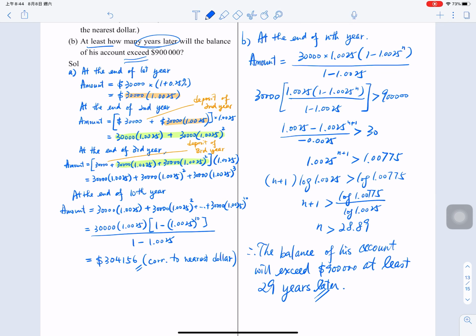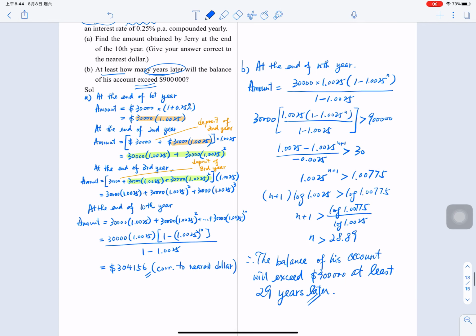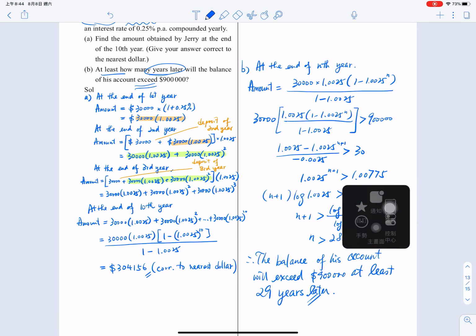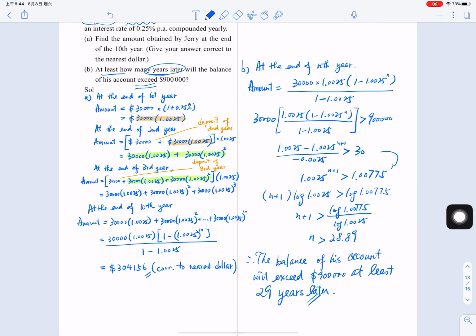So just make use of the formula and then check this formula or this amount greater than $900,000. Afterwards, simplify and become this. This part or this step, up to this step, please do it carefully, okay?